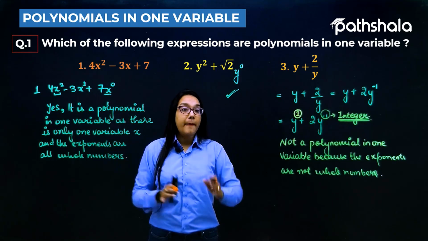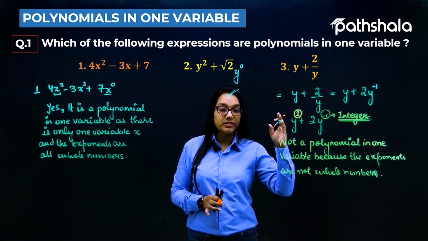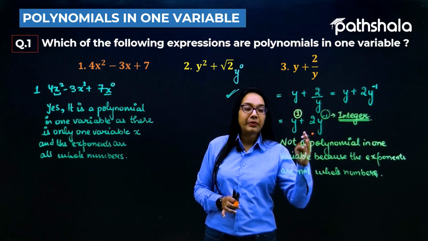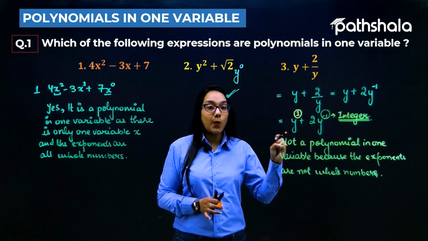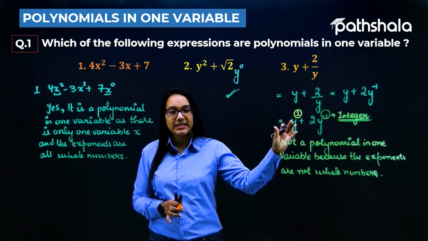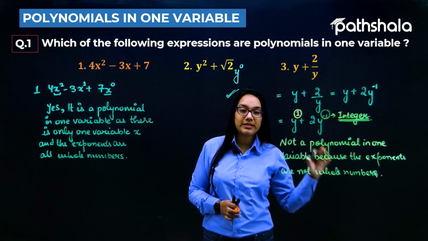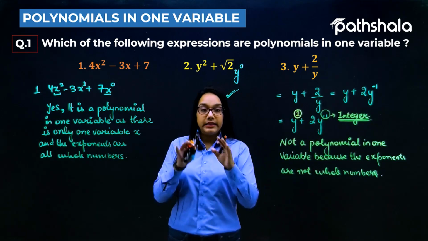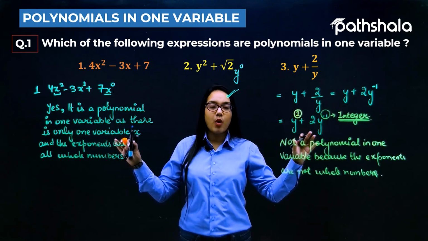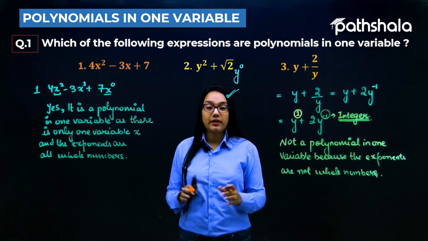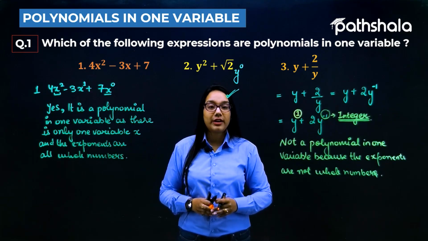But the third part does not satisfy the condition of having whole number exponents, so it is not a polynomial in one variable. I hope the concept of checking whether these are polynomials in one variable is clear to you. Let's move on and try another question.